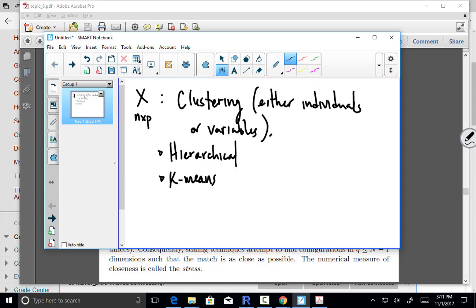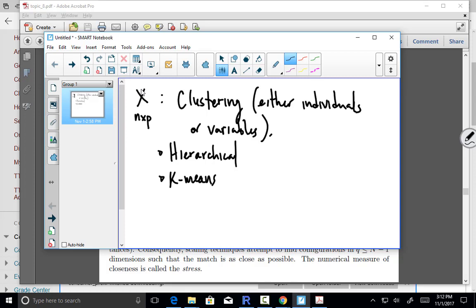Let's say we're clustering individuals. It is to group individuals into clusters within which, again, the distances are smaller than they are without. The way it proceeds is, depending on the algorithm, we might randomly allocate some what are called centroids to represent clusters.